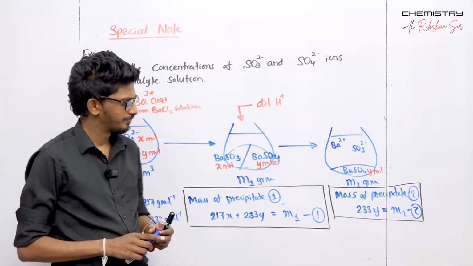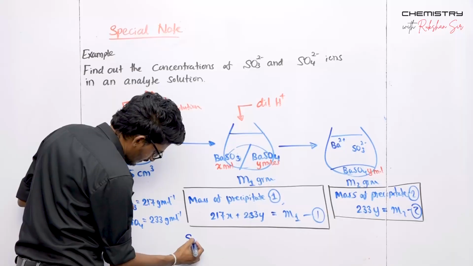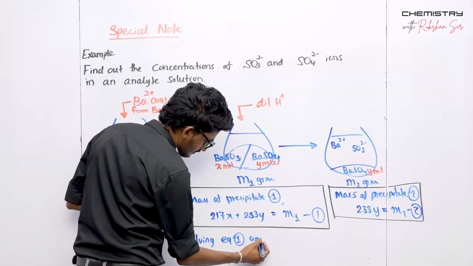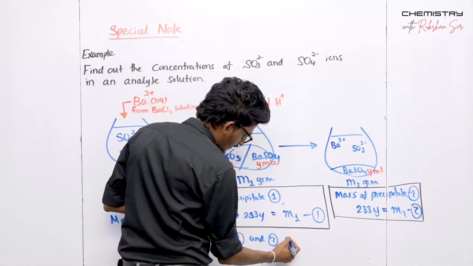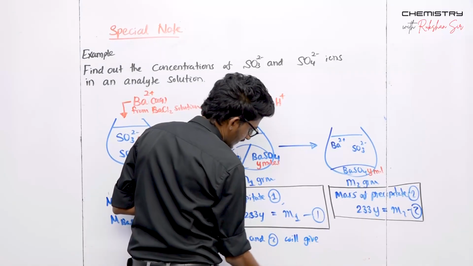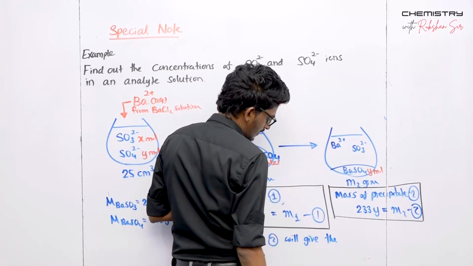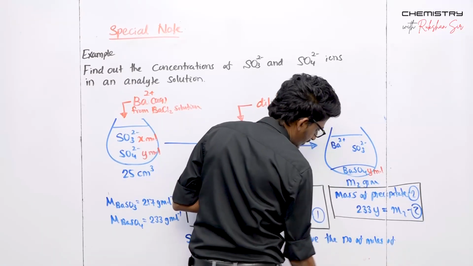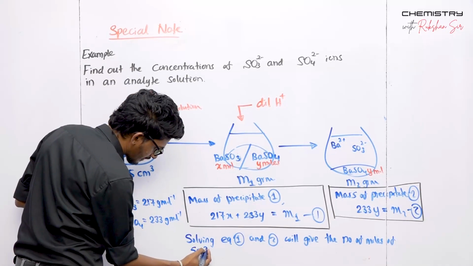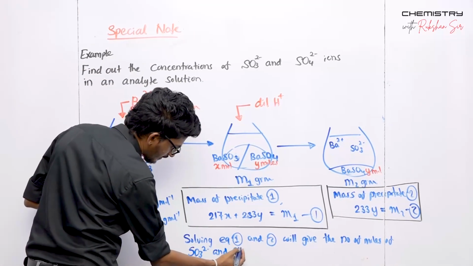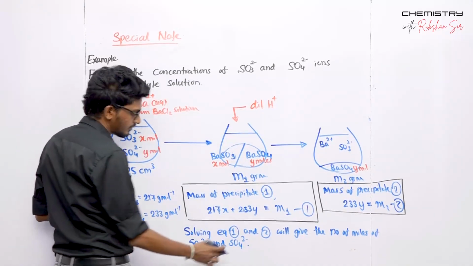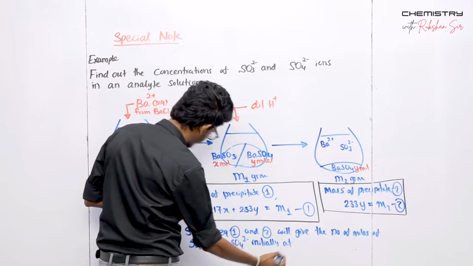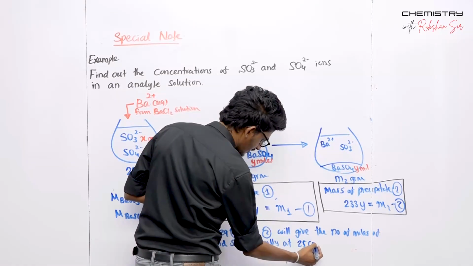Okay. So you can write: solving equation 1 and 2 will give the number of moles of SO3^2- and SO4^2- initially at 25 cubic centimeters.